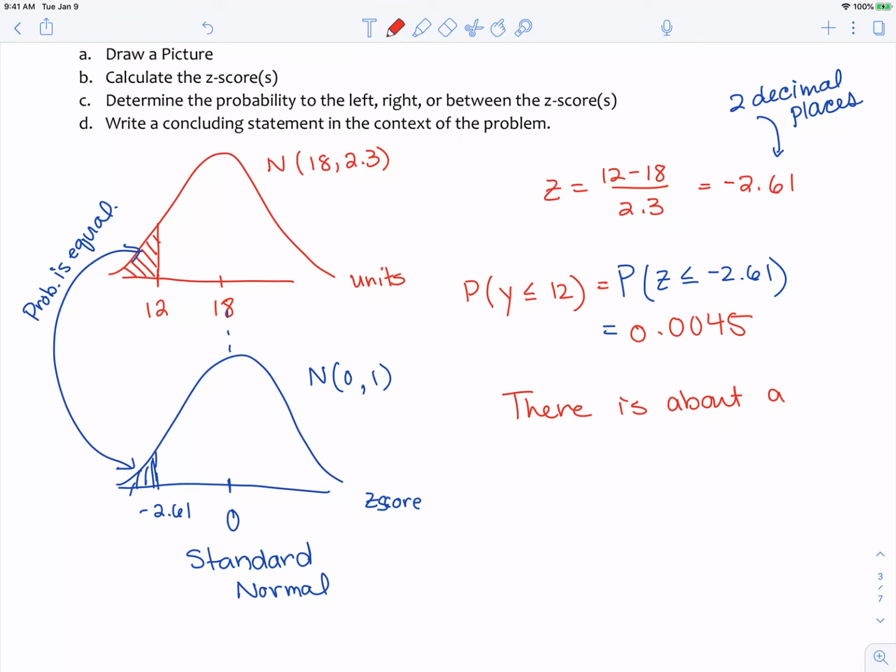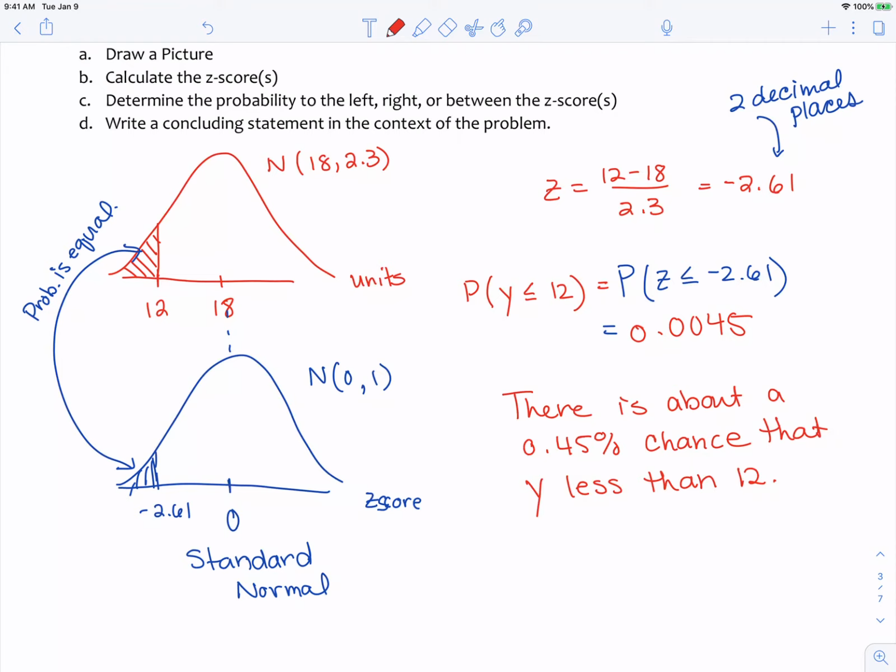So there is about a 0.45% chance that we get a value that y is less than 12. Okay, I don't have context here, so that's what I'm just going to leave it there. So getting a value that is less than 12.